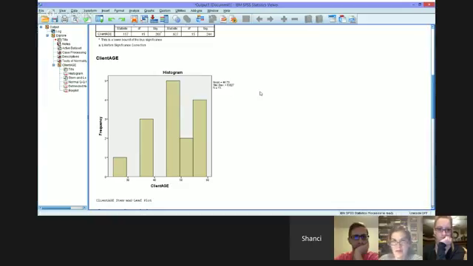What else? You can put the mean in there too, since we know that. Oh yeah, the mean is 47, rounded. And then the standard deviation was 8.827.